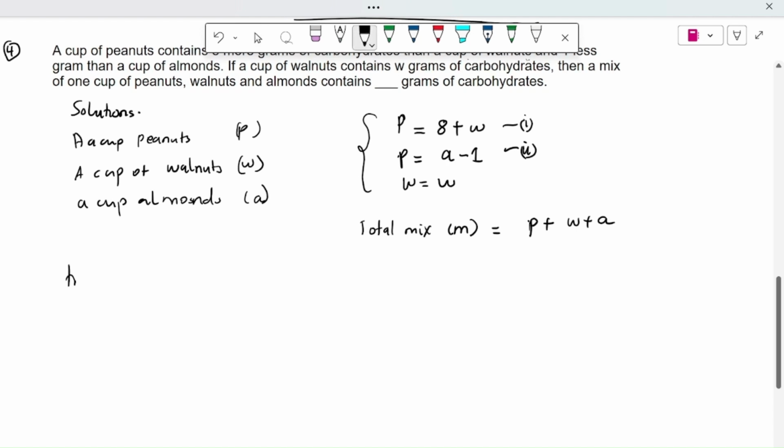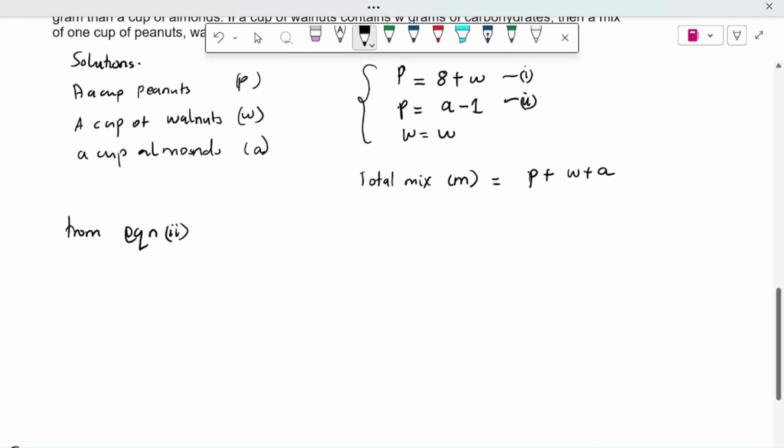From equation 2, it says that P is equal to A minus 1. Let's make almond the subject. So A is equal to P plus 1. Let's make it equation 3. Then this is equation 4 and this is equation 3.